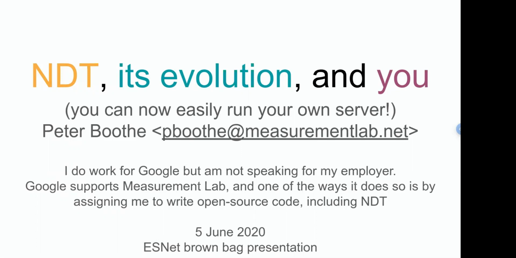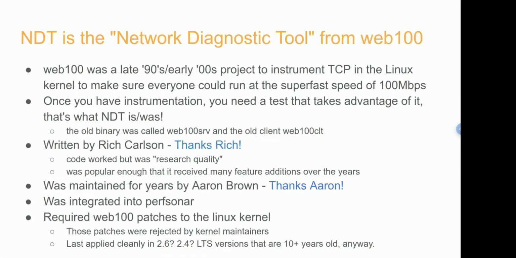So I promised to talk about NDT, its evolution, and you. NDT is a diagnostic tool from Web 100. Web 100, and this is sort of level setting, some of you know this, maybe a lot of you know this, was a late 90s, early 2000s project to instrument TCP in the Linux kernel to make sure everyone could run at the super fast speed of 100 megabits per second.